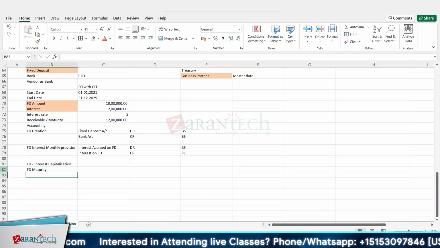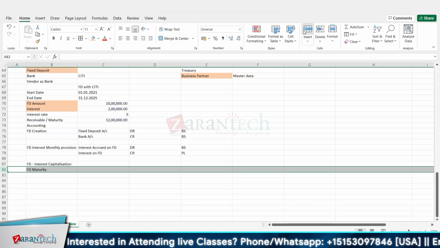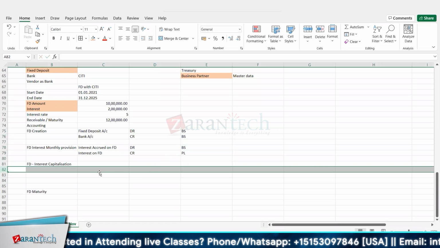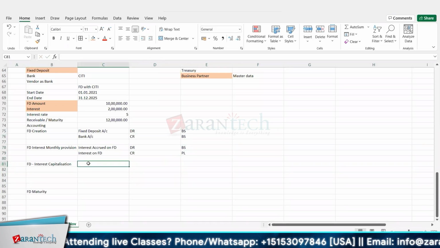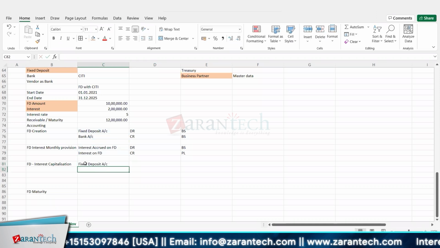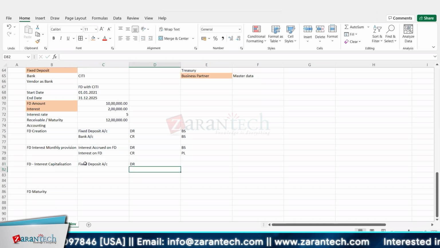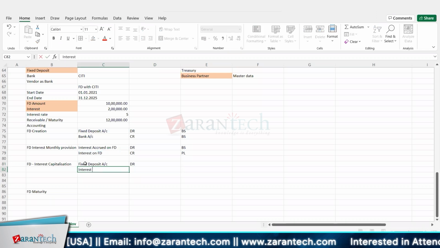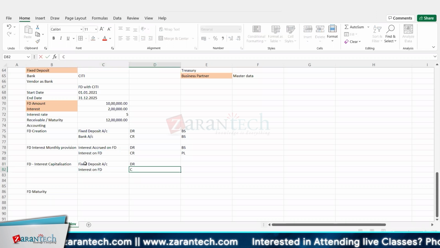And then I have interest capitalization, meaning when the bank will credit the interest to your account. So what is the accounting entry? Since the bank will give you money only at the time of maturity, here the accounting will be: my fixed deposit, this account will get debit, and here interest income or interest on FD will be credit.